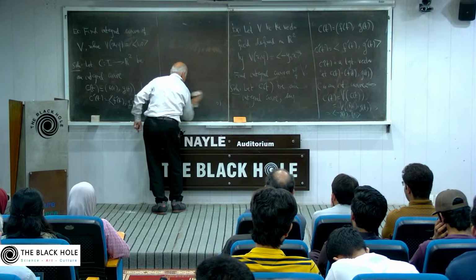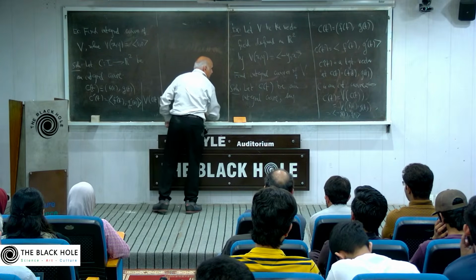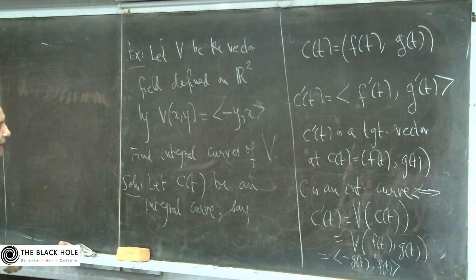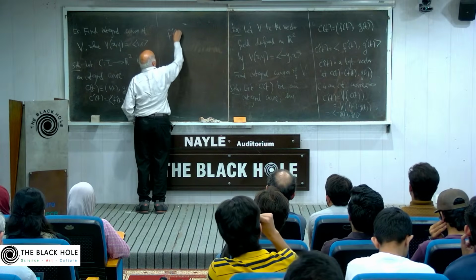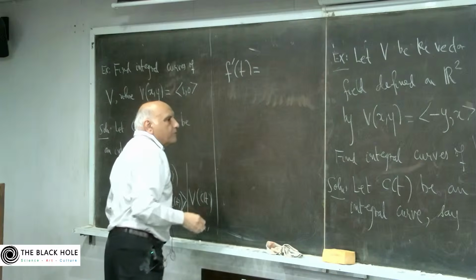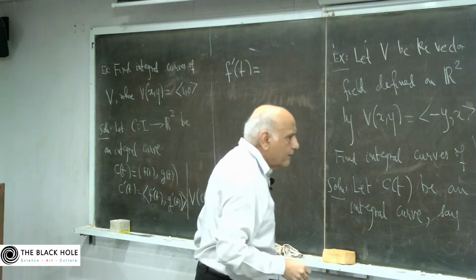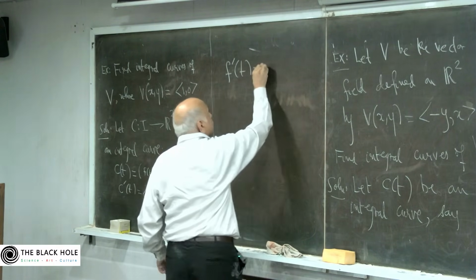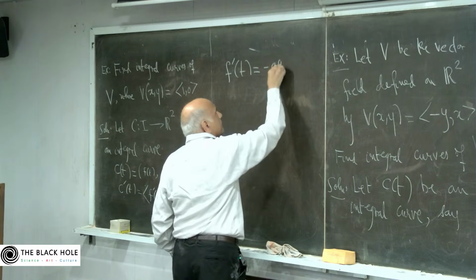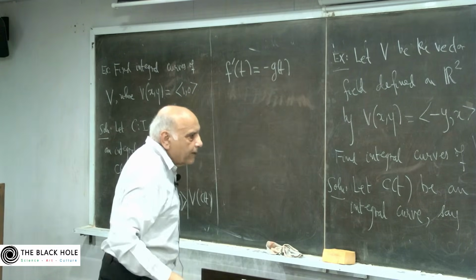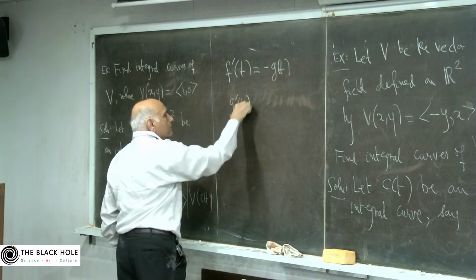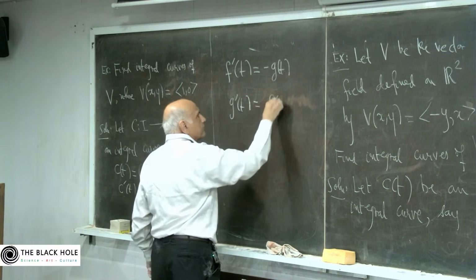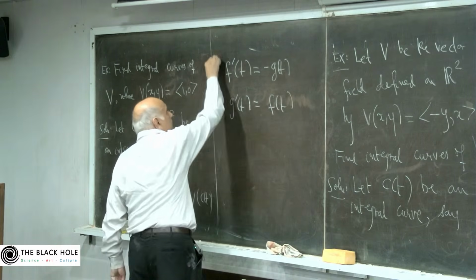So what system do we get? We get f'(t) is equal to -g(t) and g'(t) is equal to f(t).